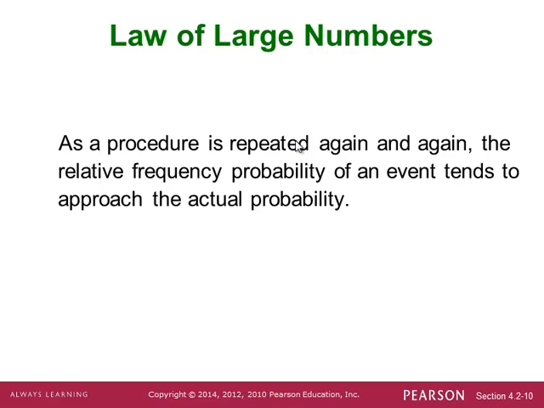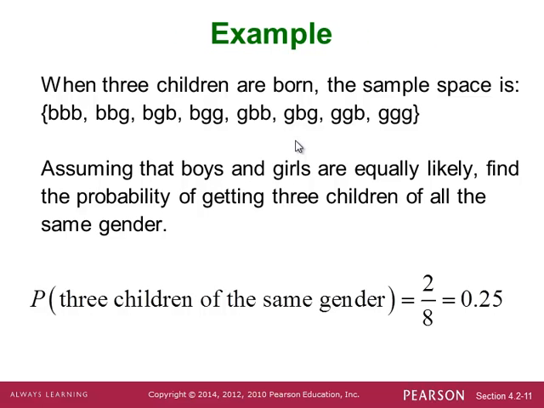The probability of getting a head in a single coin flip with a fair coin is theoretically 1/2. And if we were to flip that coin several billion times, the fraction of times that it comes up heads will get closer and closer and closer to 1/2. Both of those are examples of the law of large numbers.